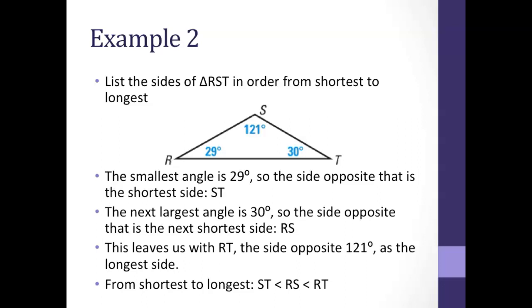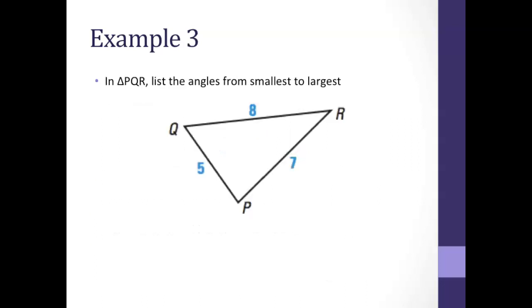All right, example 3. In triangle PQR, list the angles from smallest to largest. This time, instead of being told the angle measures and listing out the sides, you're given the sides and you're going to list the angles from smallest to largest. We see the shortest side is QP, and opposite QP is angle R. So angle R must be the smallest.